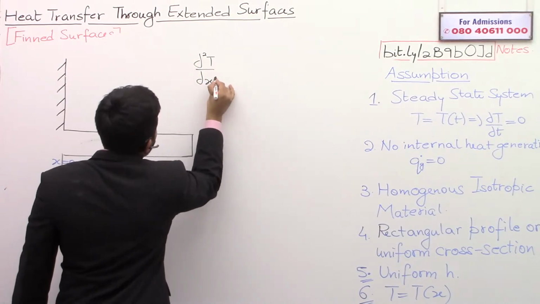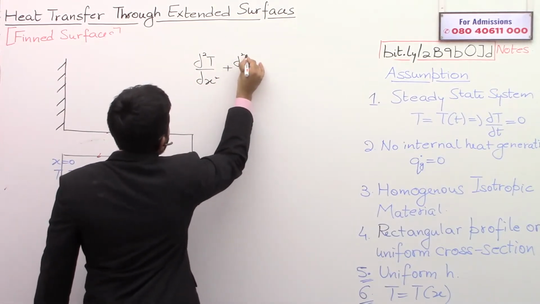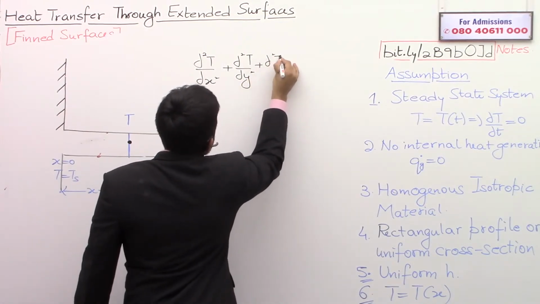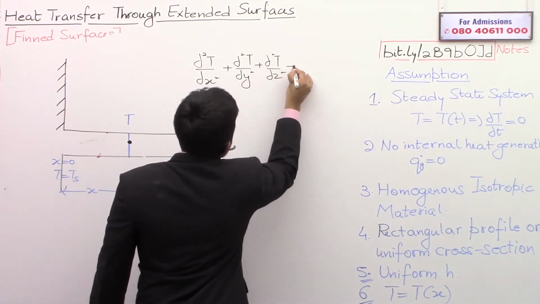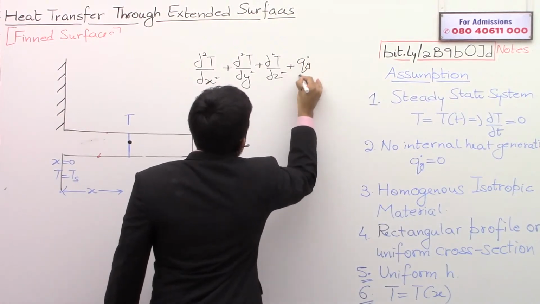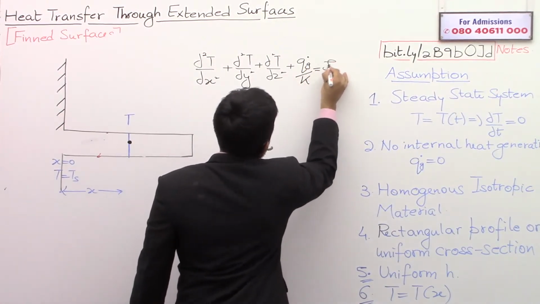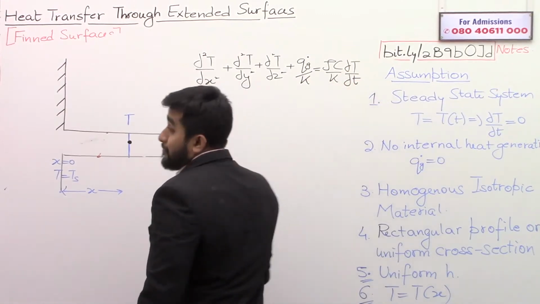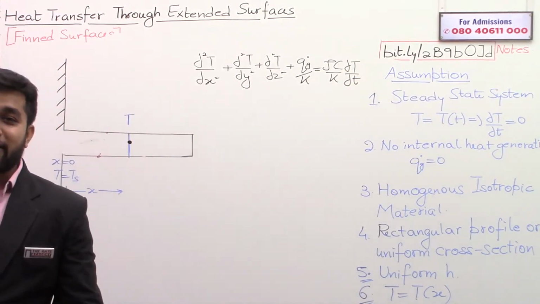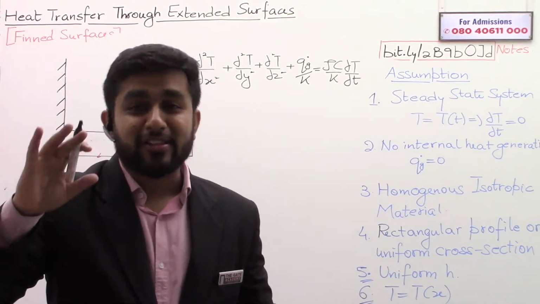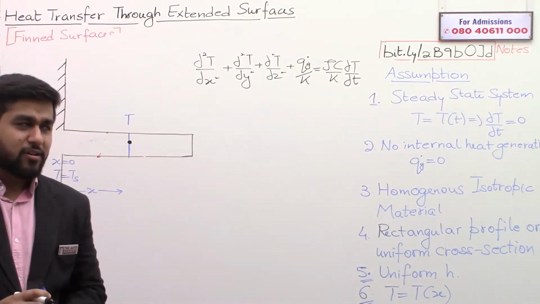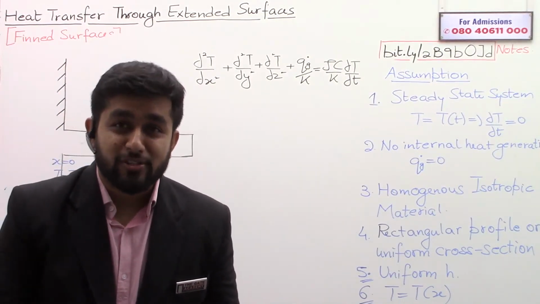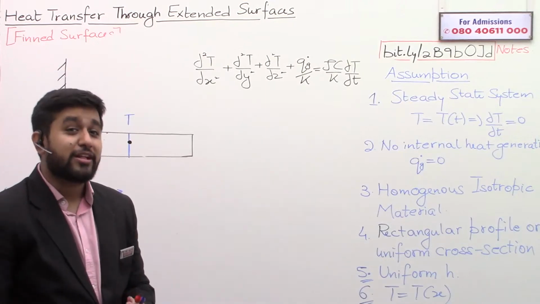So please note down your conduction equation: del square T by del x square plus del square T by del y square plus del square T by del z square plus Qg dot by K is equal to rho C by K into del T by del time. I know it looks boring, but actually this equation is very magical. In fact, this equation is telling you everything, not the equation, basically the procedure of writing the equation tells you everything.